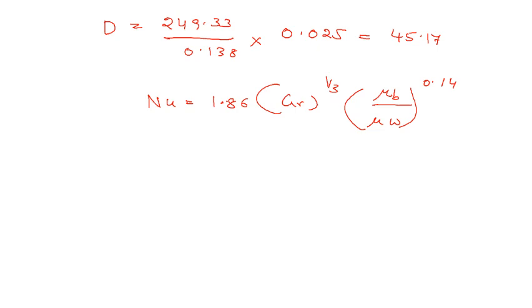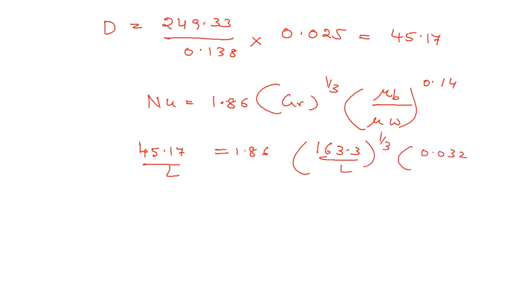I have taken this equation from the data handbook, and that is 45.17 by L is equal to 1.86 into 163.3 by L to the power 1 by 3, and 0.032 divided by 0.21 to the power 0.14.